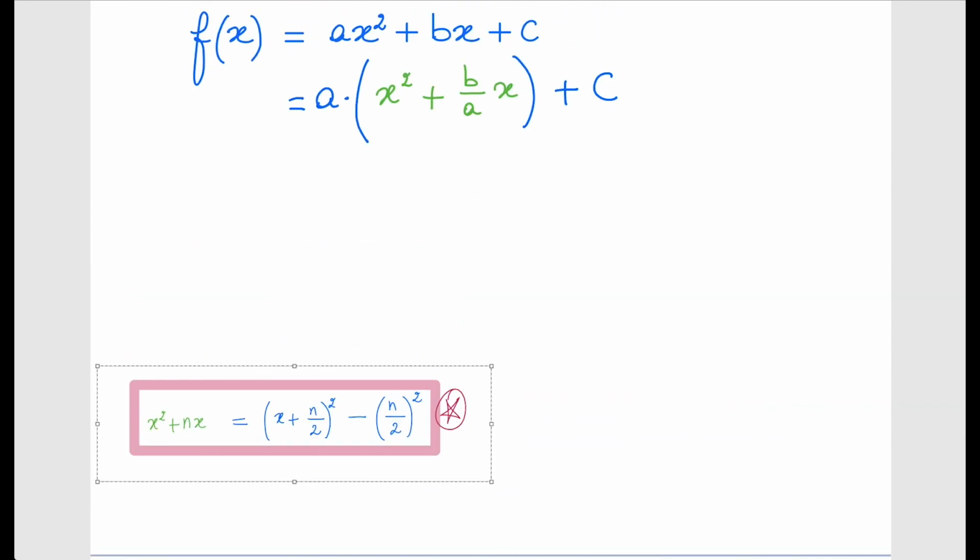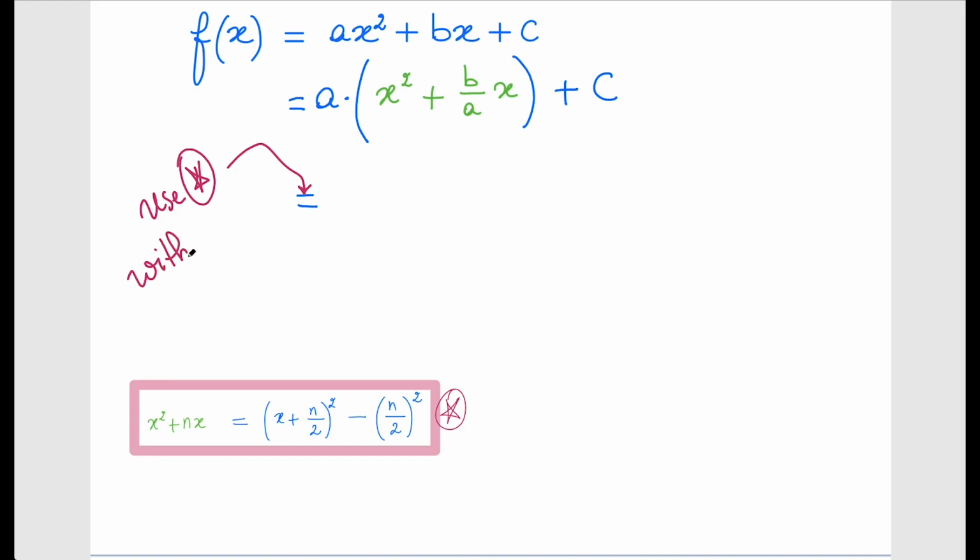So n should be b over a, correct? n is simply b over a. Okay, so I'm going to use star with n to be, as we said, b over a, right?